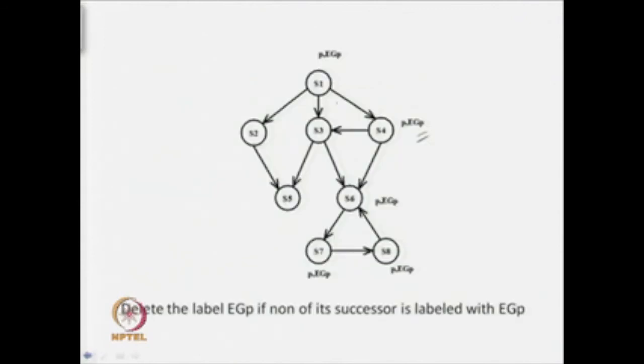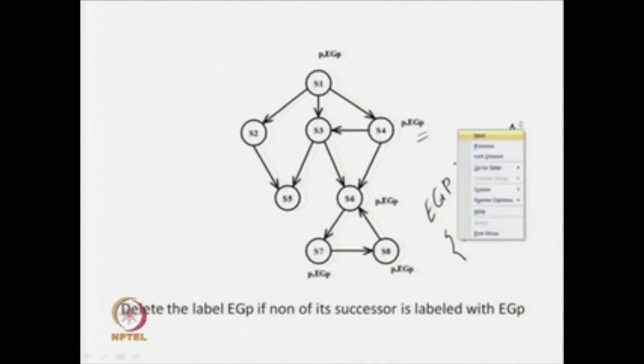Okay. So, eventually what we are getting is the set of states where EGP is true. So, we are getting the states S1, S4, S6, S7 and S8.